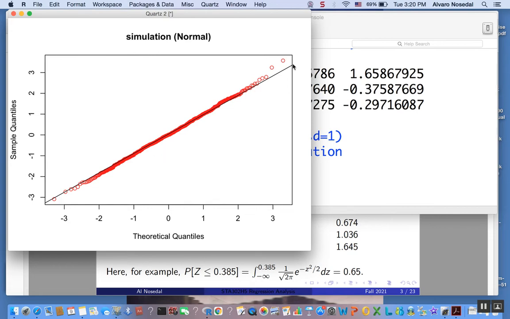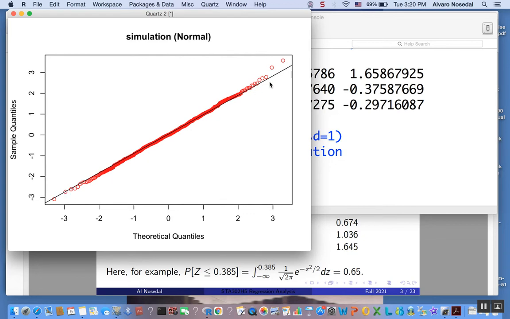So even in this case, this is the ideal situation. That straight line is showing you what happens if things went perfectly. But it's just like when you're rolling a die. Even if you're rolling a fair die, say 600 times, you're not going to observe 100 sixes. So it's the same here.